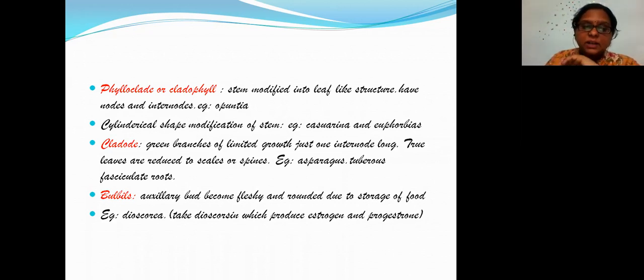The main thing is the example, Dioscorea. It's a very important medicinal plant, I can say. In the Ayurveda channels and all, you might have seen this plant a lot. This is the plant which actually produces female hormones.